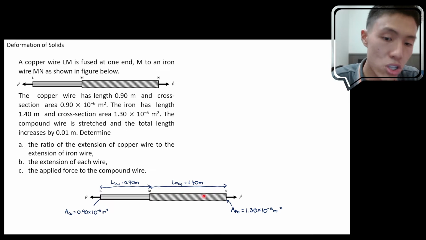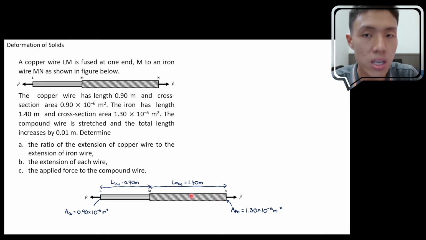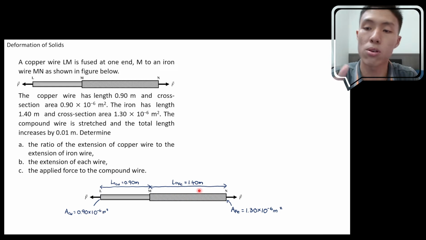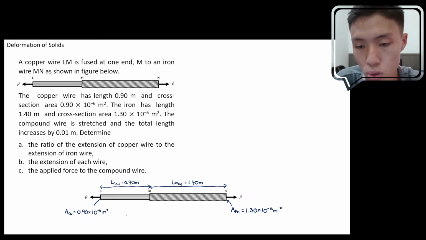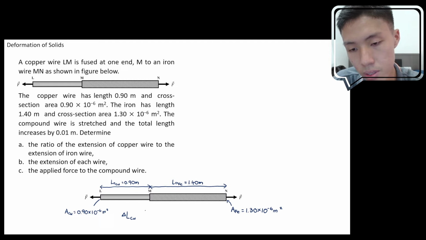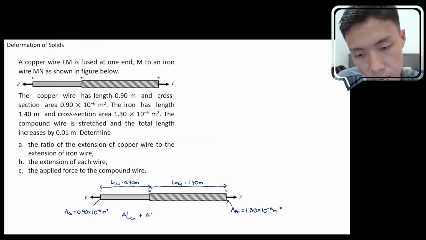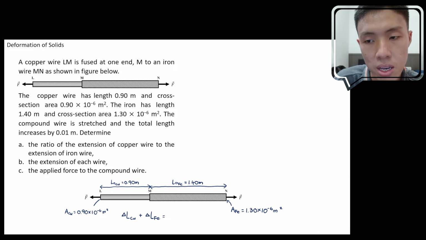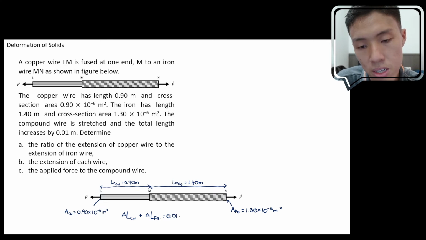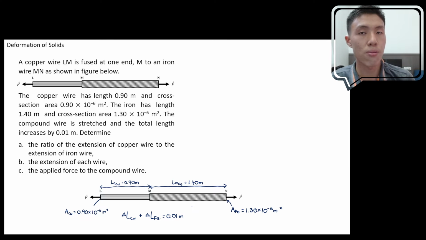There's also some portion of extension that happens to MN, which you also don't know how much. But you know that the total amount of extension for this compound wire will be 0.01 meter. You don't know the extension experienced by copper, and you don't know the extension of iron, but in total, the extension will be 0.01 meter. That's the idea that they are trying to convey here.